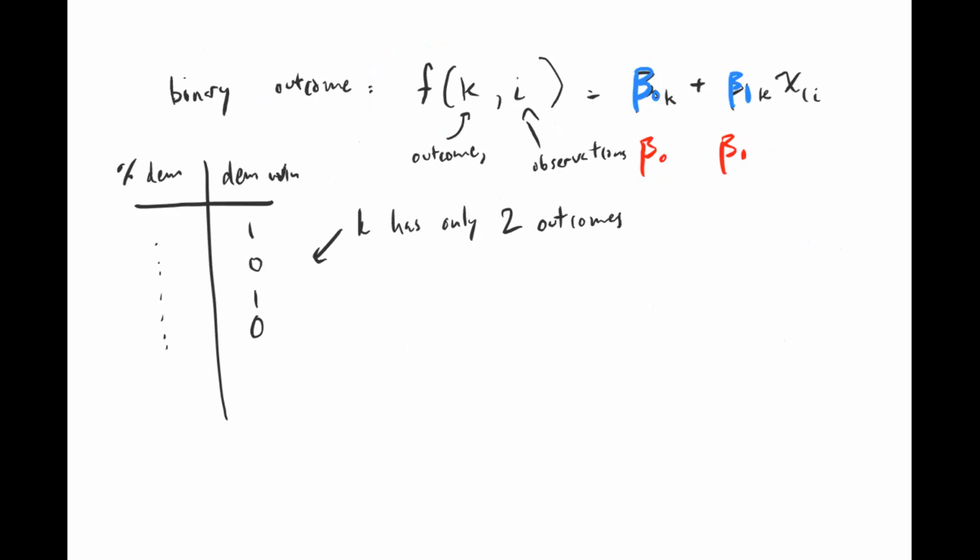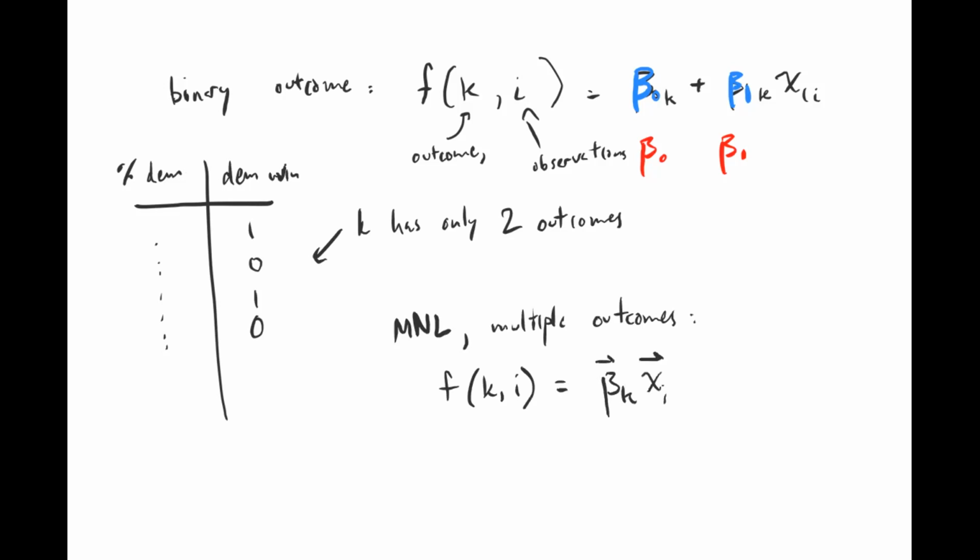So in a multinomial logit, also known as MNL, you have multiple outcomes instead of 2 outcomes. So this f of k, i is equal to some vector of betas for each outcome corresponding to your x's.